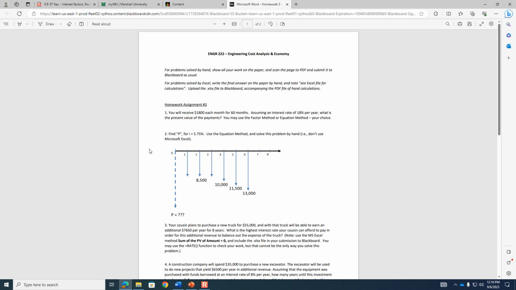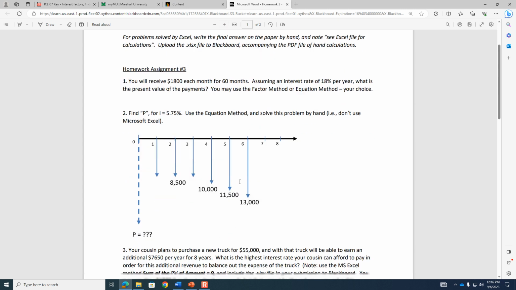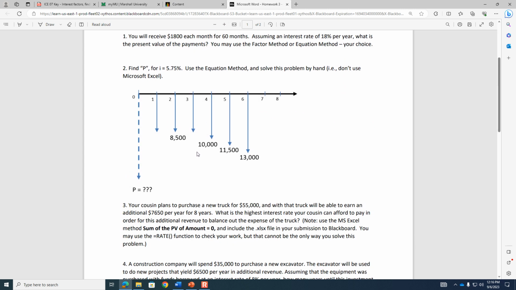All right, so here's homework 3, and you have problem 2 is a gradient. The first effect of the gradient you see in year 4, and so that would be 1g, here's 2g, 3g. So you're going to need to do that same multi-step process on problem 2 that I've just explained through this illustration.